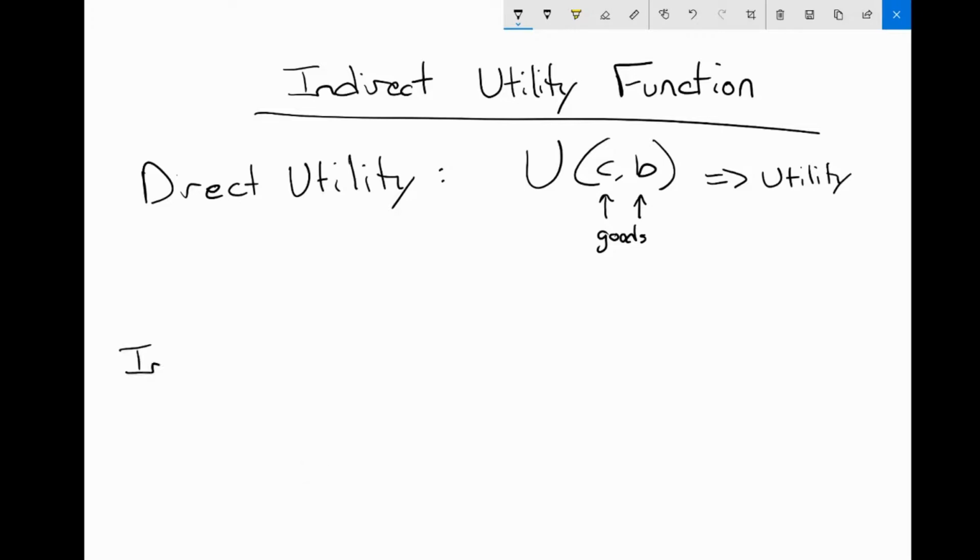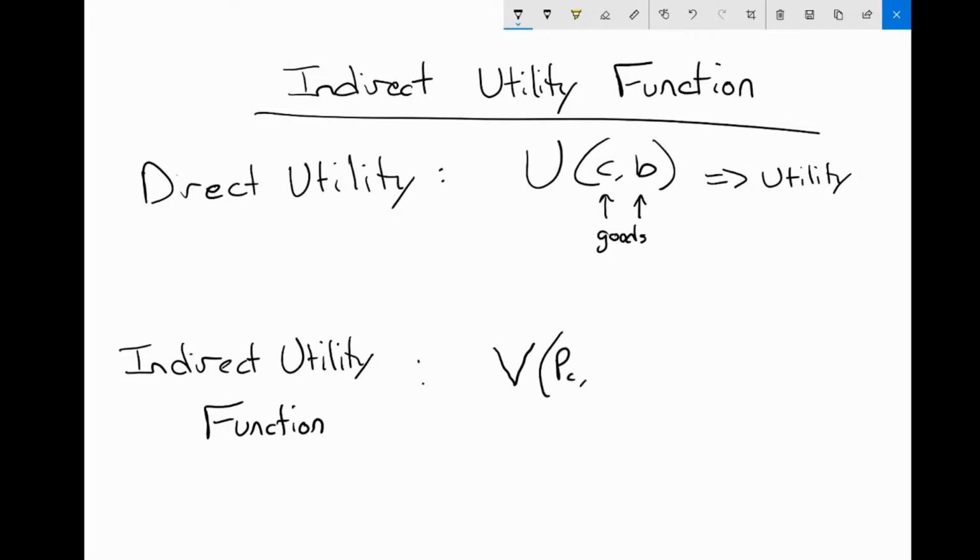The indirect utility function is the utility function. Actually, sometimes we use the letter V when we're referring to the indirect utility function. It is now a function of just the parameters, not of the original variables.